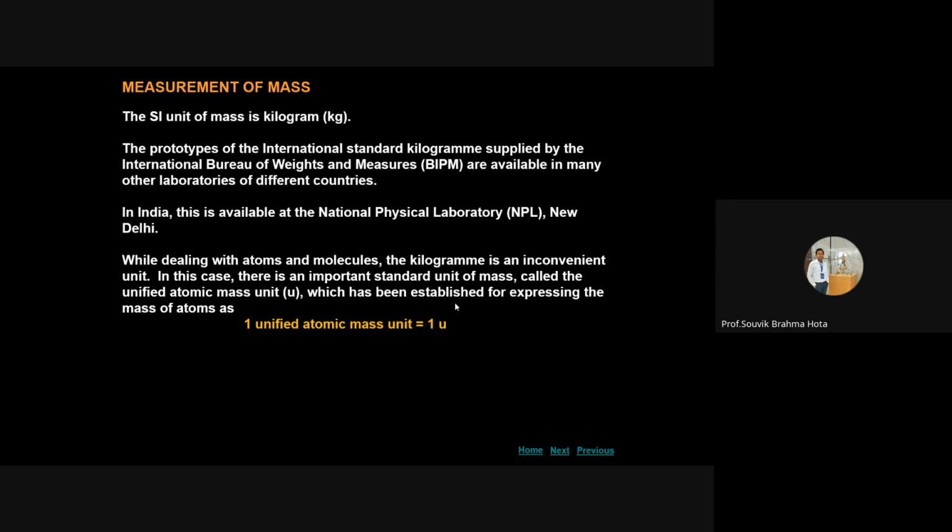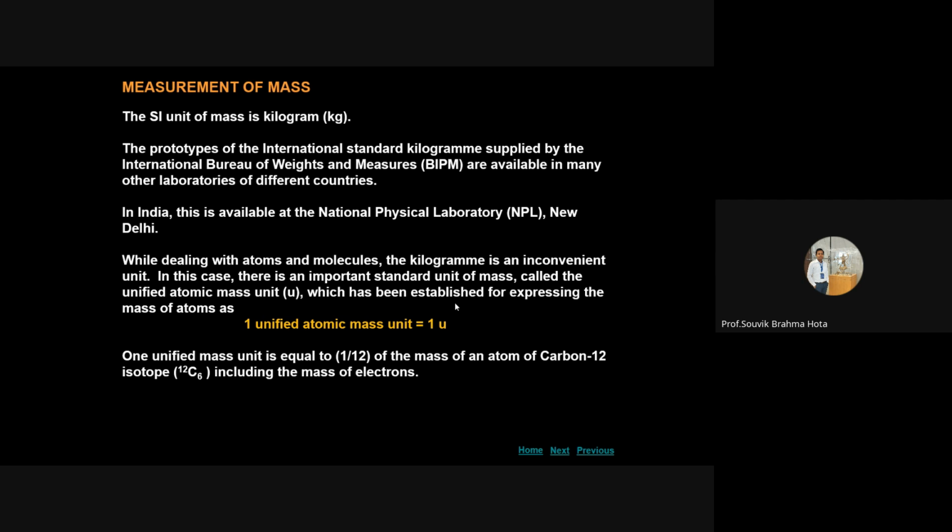In that case there is an important standard unit of mass called the unified atomic mass unit, u, which has been established for expressing the mass of an atom. 1 unified atomic mass unit is equal to 1 by 12 of the mass of an atom of carbon 12 isotope. Okay, so 1 u is equal to 1.66 into 10 to the power minus 27 kg.